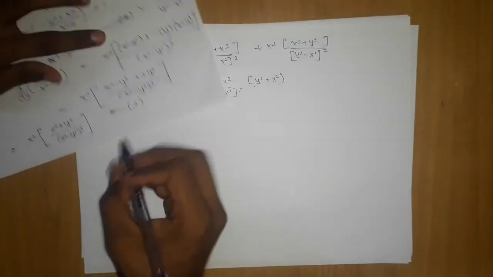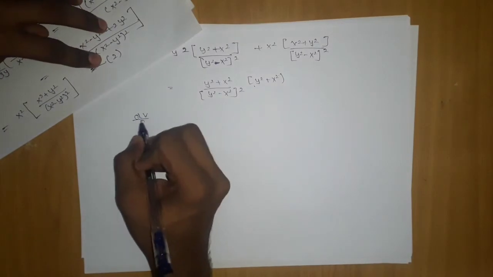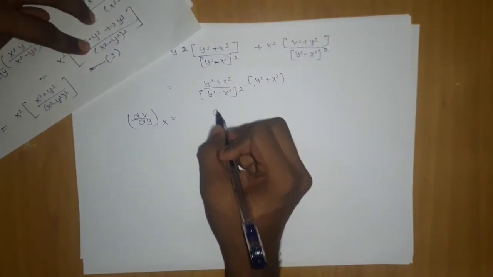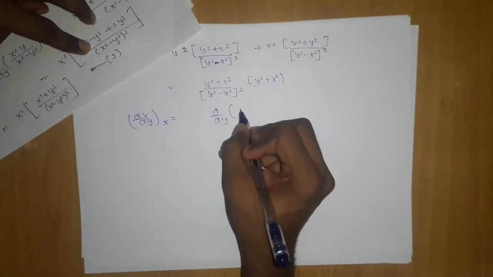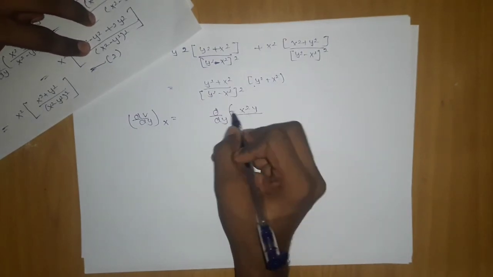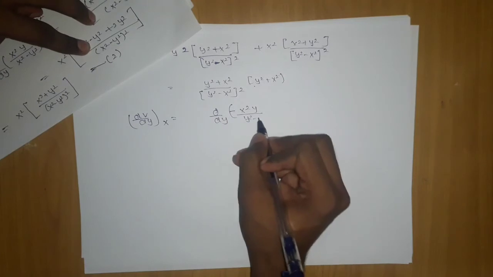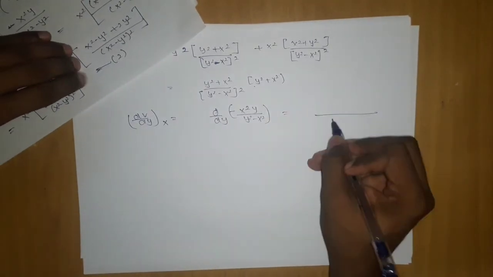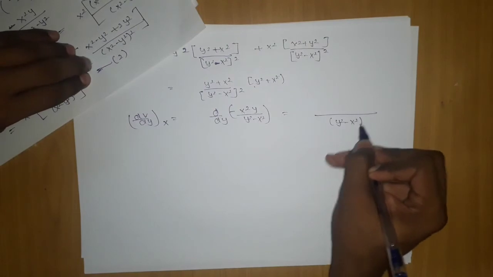So if I calculate dv by dy, keeping x constant again, what I am going to get, d by dy, sorry for that mistake, here minus sign will be there and y square minus x square will be there. So what I am going to get is y square minus x square the whole square.